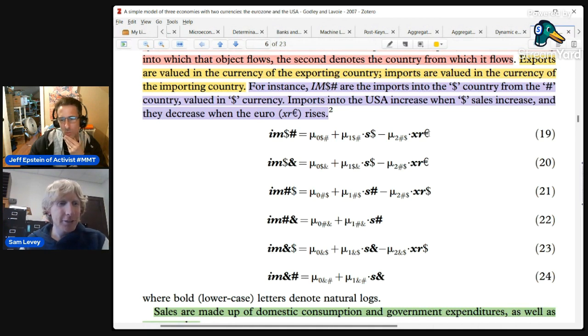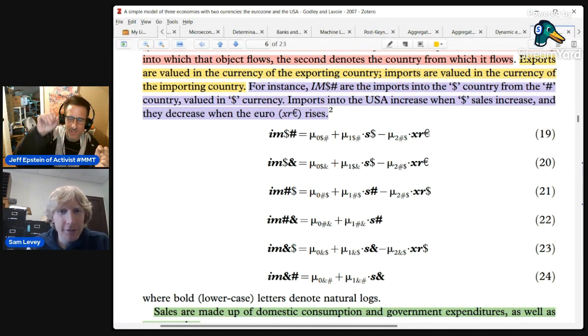I want to import more when the exchange rate goes, when my money can buy more. So when my money appreciates, I can buy a lot more of the foreign currency. That is called the exchange rate going up from my point of view, I think. Yes, you hit it on the head exactly.